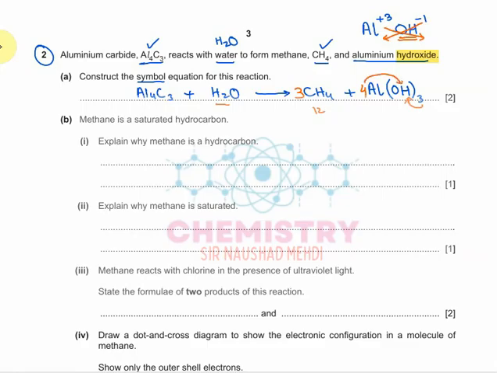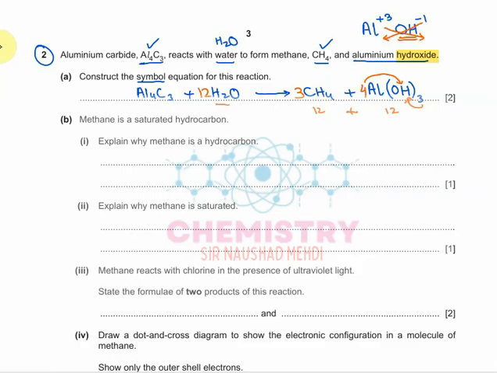So 4 times 3 becomes 12. Over here again we have 12 hydrogens. So on the product side the total hydrogens would become 24. If you want to make 24 hydrogens on the reactant side, simply place 12 over here. So 12 times 2 will become 24.